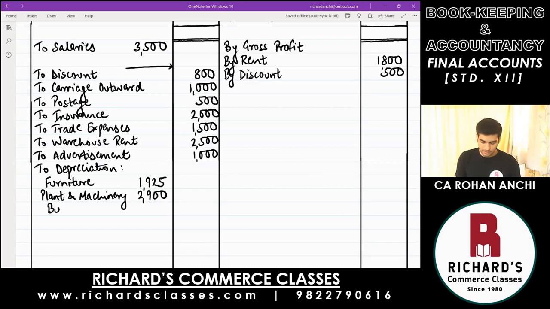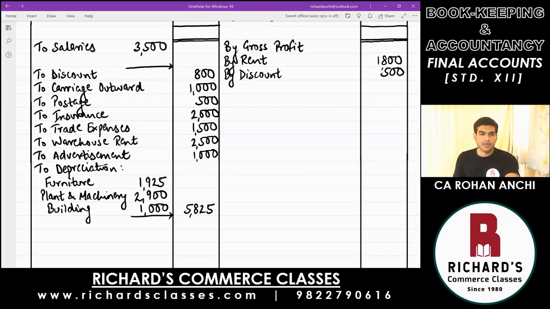And finally, building. That was 1,000. If you add up, you will find out total depreciation on all assets. How much is that? 5,825. Okay. Two effects of depreciation done.